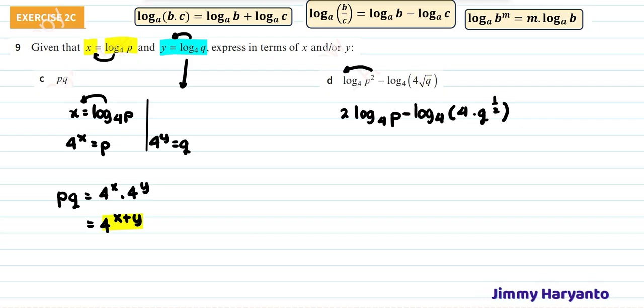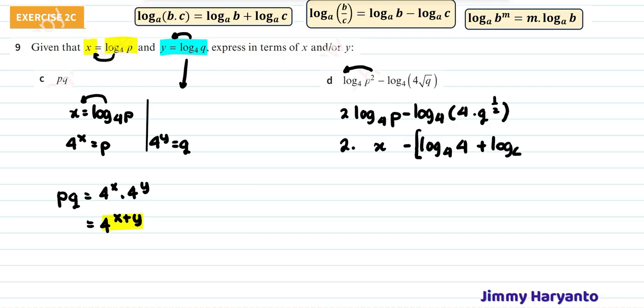And then after this, I think we have to separate this one using the multiplication rules. That means 2 times log 4p equals to x minus, for this one, separate it first. That means brackets, logarithm 4 and 4, and then add with logarithm 4 and q to the power of half.